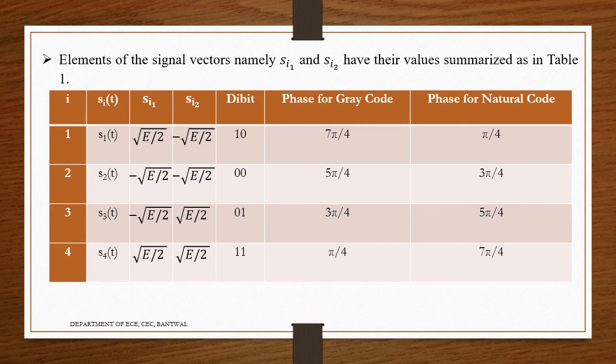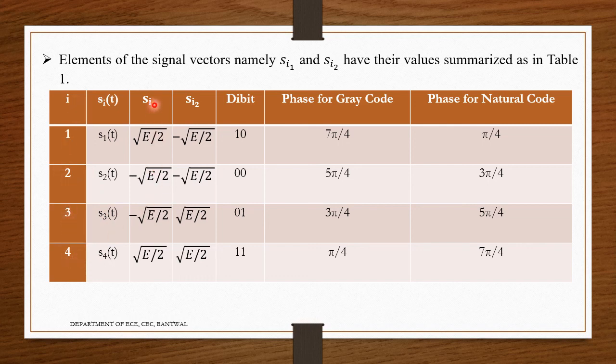This is where I have differentiated the carrier signal and the message signal, as we used to do previously. Now in Table 1, I'll consider different cases. I'll consider s1 of t, s2 of t, s3 of t, s4 of t, representing i equals 1, 2, 3, 4.